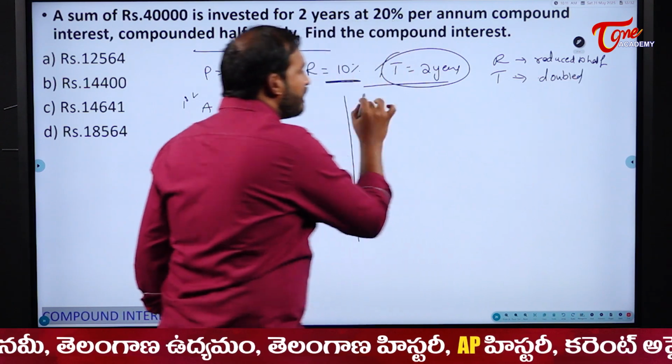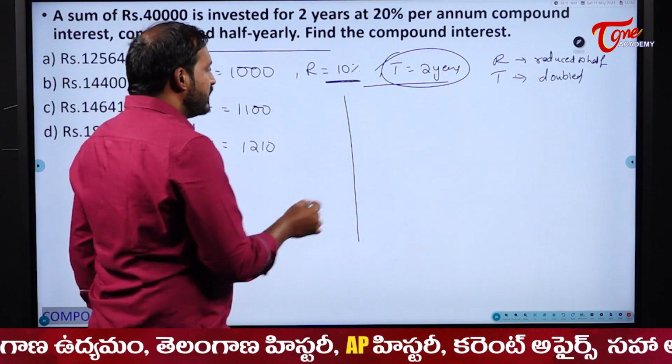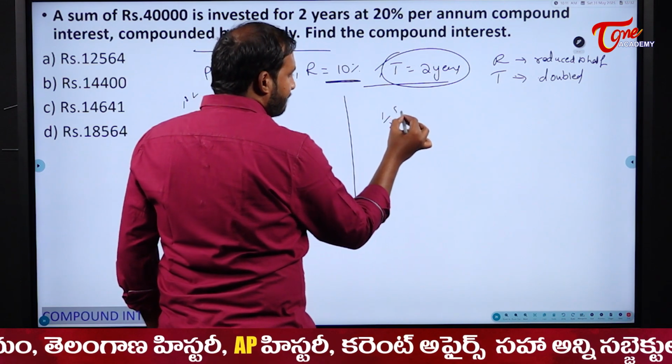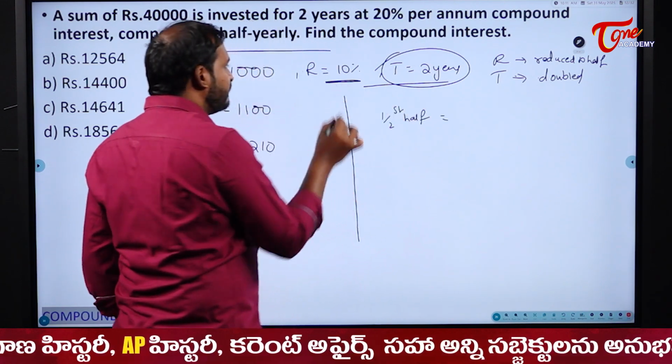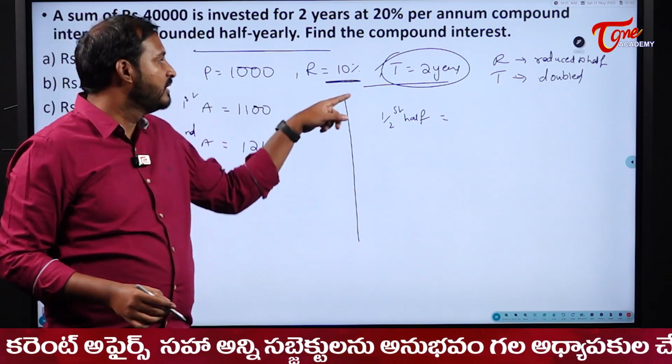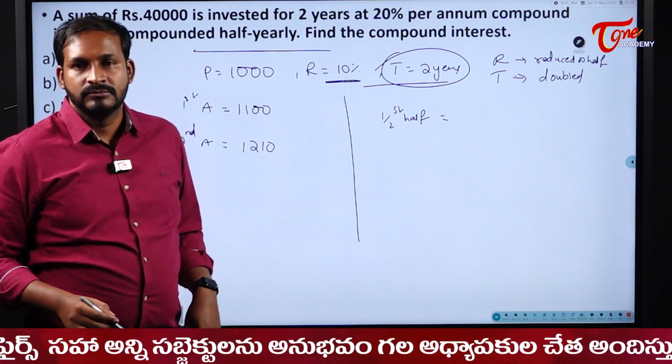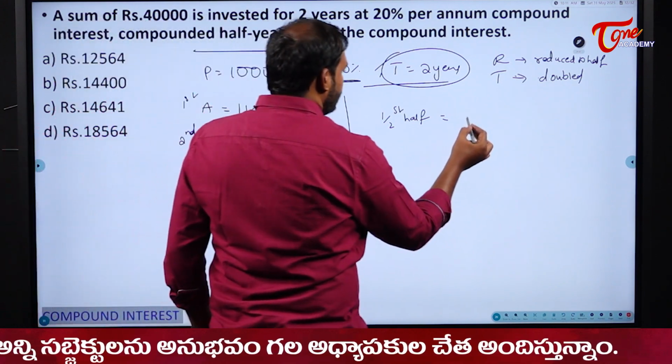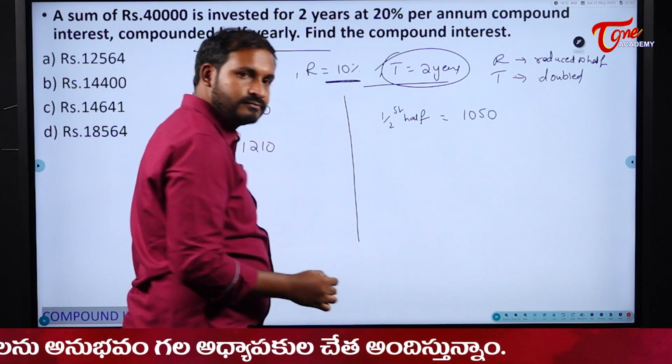Okay, so now what happens in this case? Students, please see here. For the first half year, what is 5% of 1000? Why am I taking 5%? The rate of interest should be divided into half. What is 5% of 1000? 50 rupees. This becomes 1050.